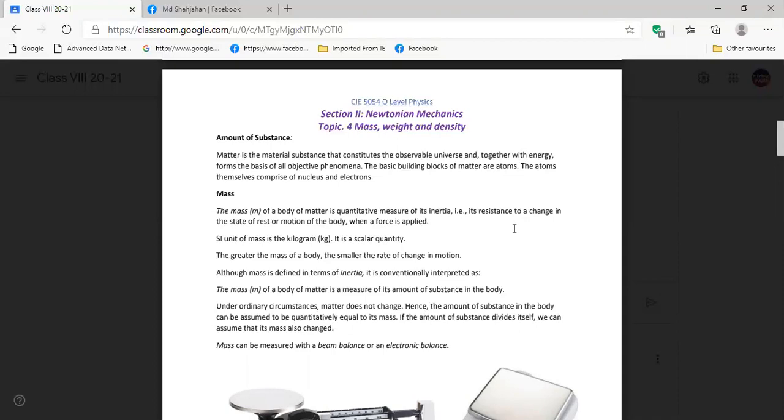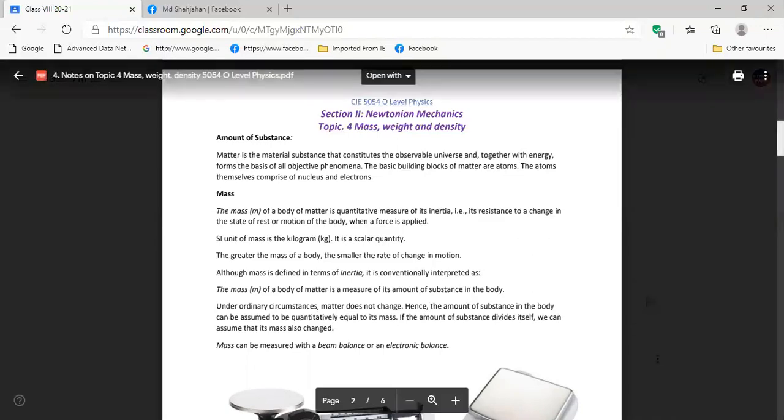In the other, the volume is very big. However, the mass is the same. Why is it the same? Because the amount of matter in the block of iron is tightly packed, right? Yes. But in cotton, it is not tightly packed. It stays a little bit far apart. That's why they have the same mass even though they have different volumes.